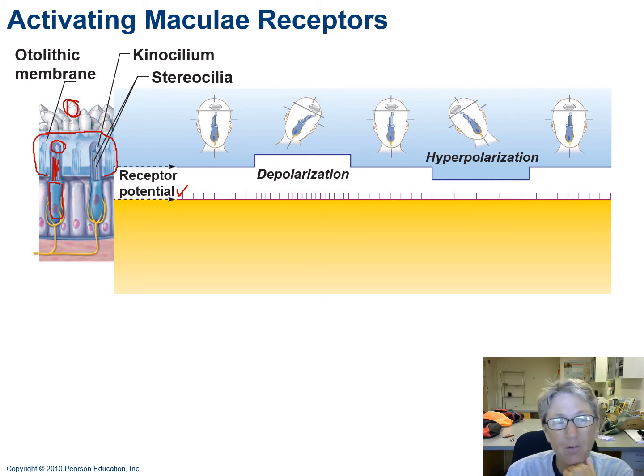But if there's enough depolarization in this hair cell to excite this vestibular nerve, then you'll get an action potential here in the axon. You're getting action potentials, and your brain will know that you have, well, in this cartoon, tilted your head.